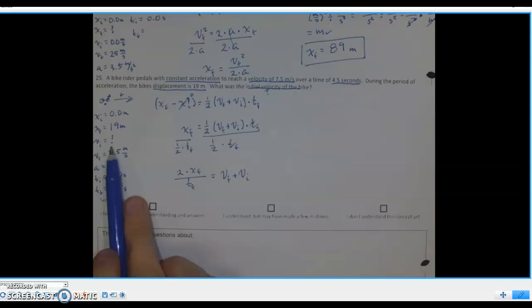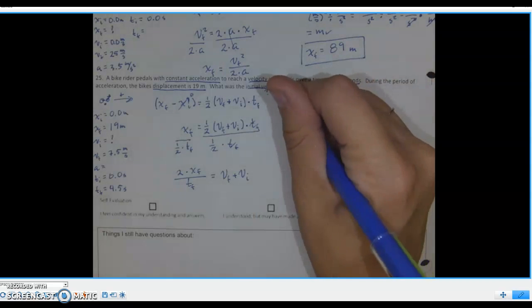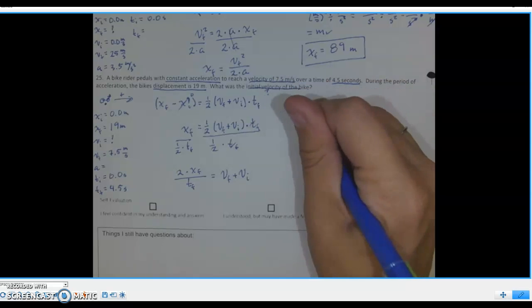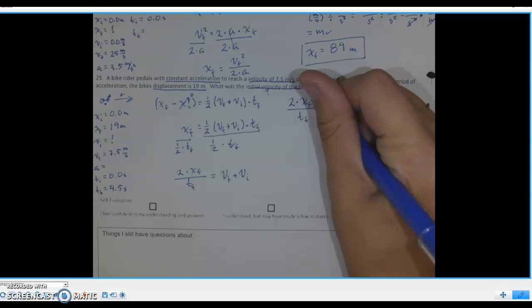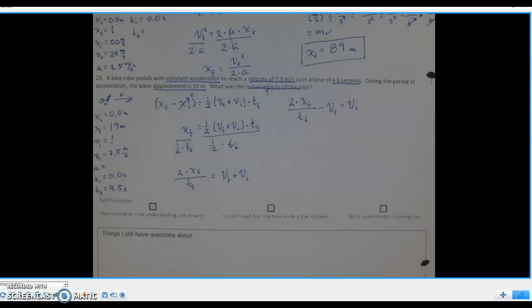Now I want to isolate velocity initial, and it's added to velocity final, so I'll subtract velocity final to both sides of my equation. So I will have 2x final divided by time final minus velocity final equals velocity initial.